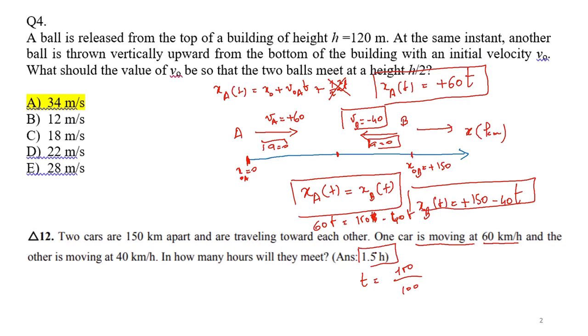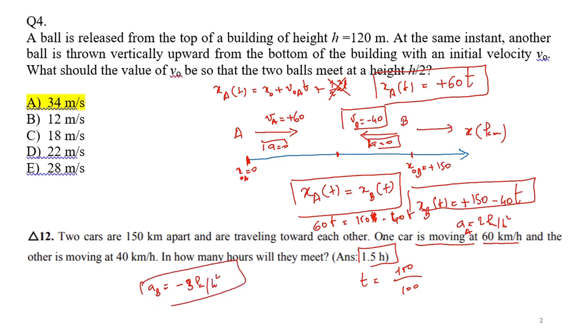Okay, is it clear? Now I can ask the same problem, but instead of moving at constant speed, I will say they are moving at constant acceleration. Let's say A is equal to 2 kilometers per hour squared for A. And for B, it will be minus 3 kilometers per hour squared.